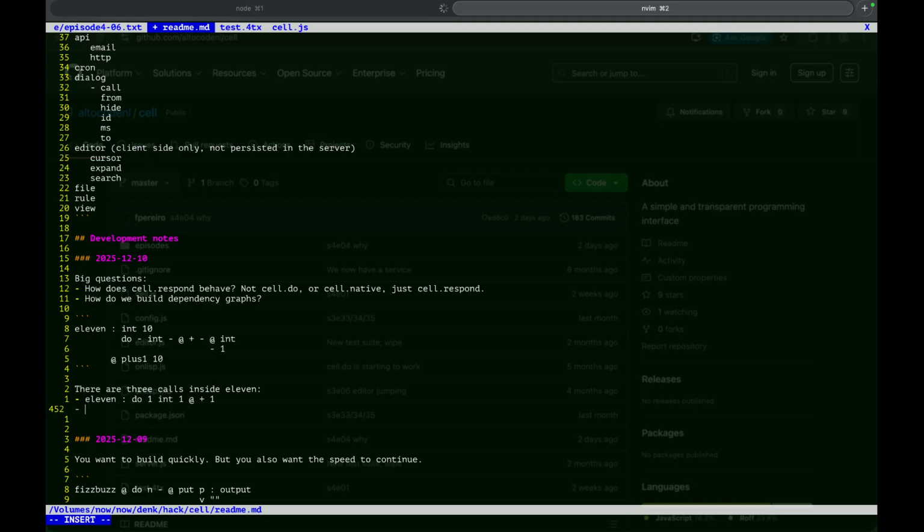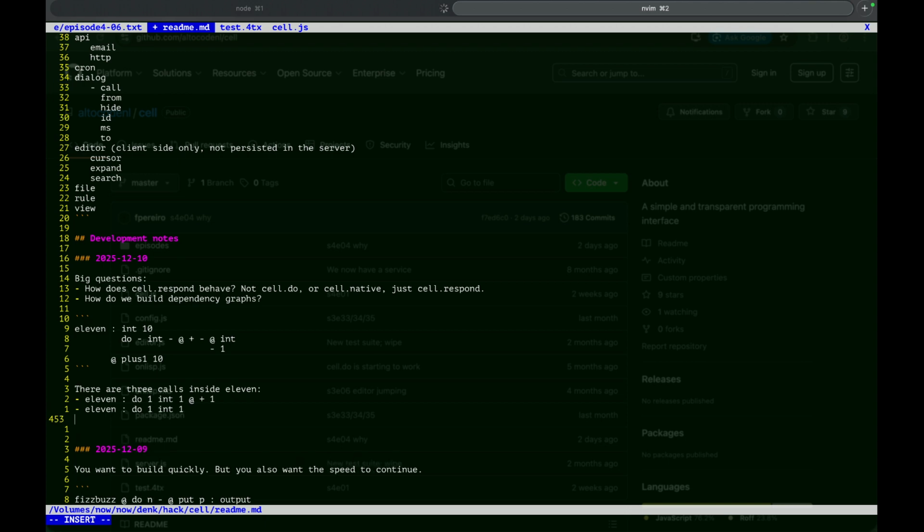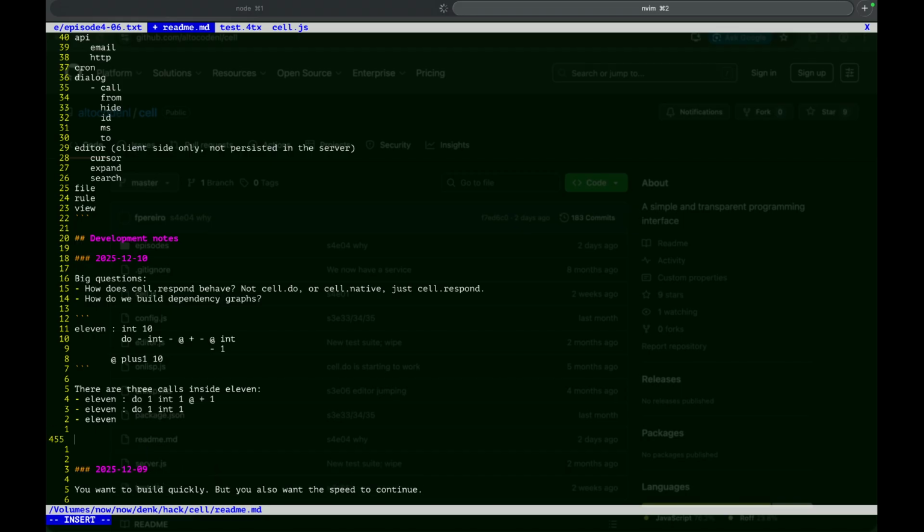And then it would be, actually we can just sort them by length here. 11 depends on call 1 only.